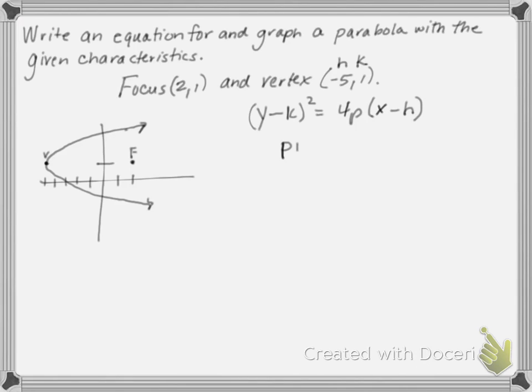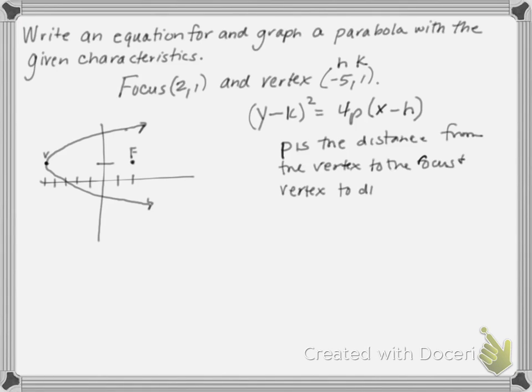Remember, p is the distance from the vertex to the focus, and also the same distance from the vertex to the directrix. So if I'm looking at this distance from the vertex to the focus, I'm going 1, 2, 3, 4, 5, 6, 7.